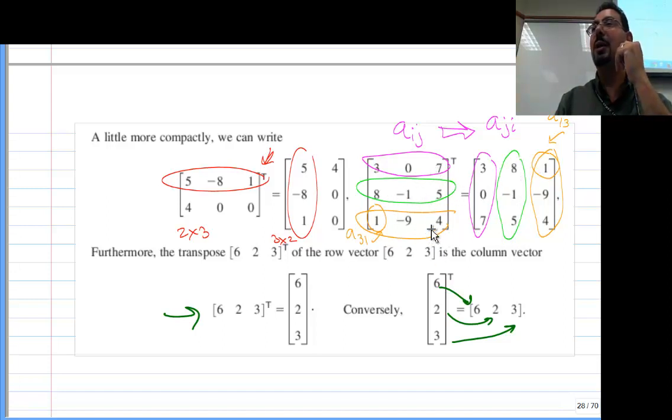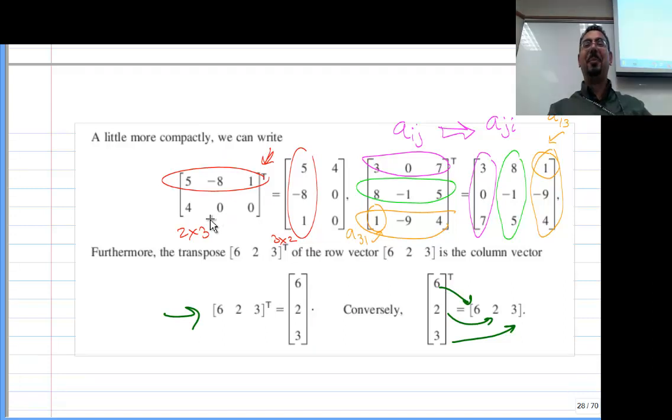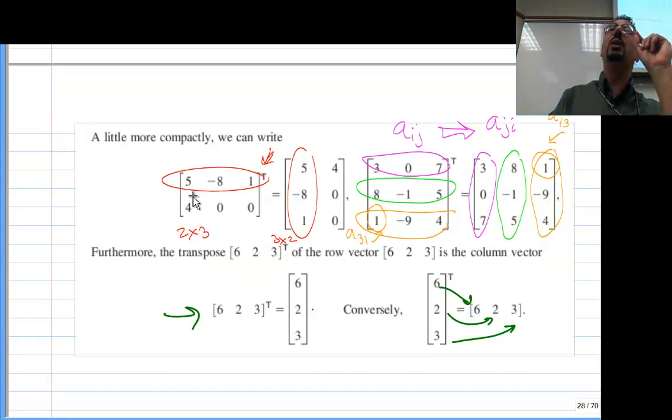Still clockwise. When you go backwards, it's counterclockwise. Let me check. Actually, I think when the rows are more than the columns, it seems to be clockwise, but when the columns are more, it seems to be the opposite.